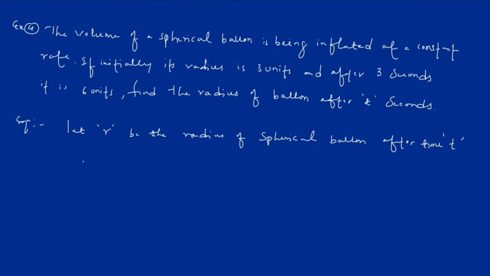So the volume of a sphere is nothing but V equals 4 by 3 pi r cube. Next, by the definition, dV by dt, the volume with respect to t, equals k, that is constant.